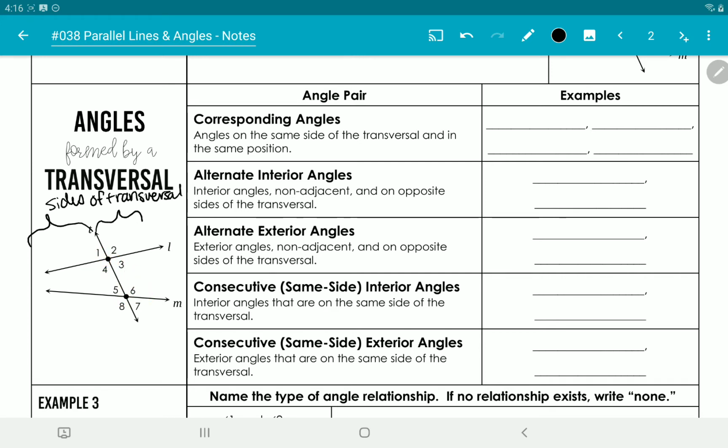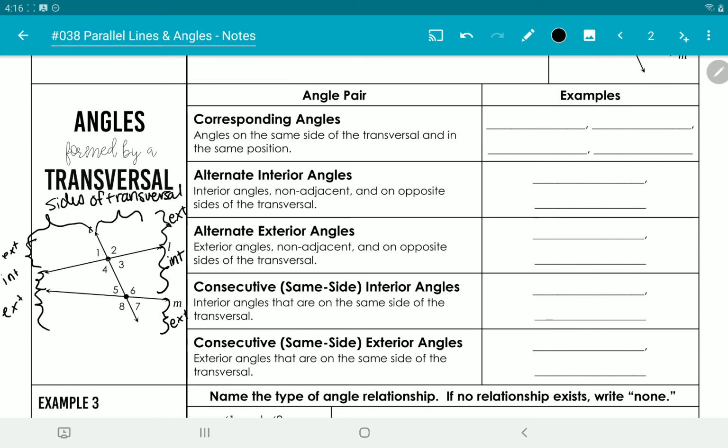Okay, and then we also have whether they're inside of the two lines, so here would be the interior, or if they're on the outside of the two lines, so these would be the exterior. If they're in between the two lines that are being intersected, it'd be on the interior, and if it's on the outside of them, they're exterior.